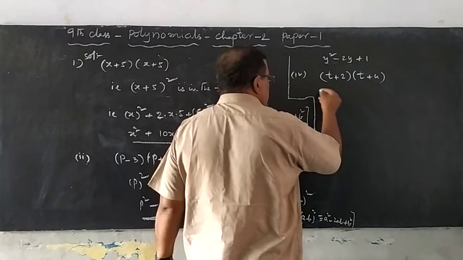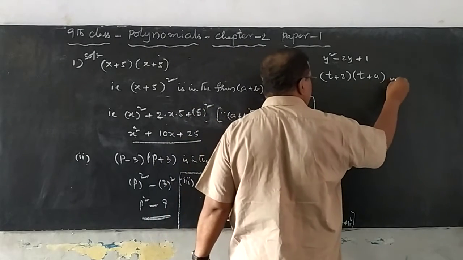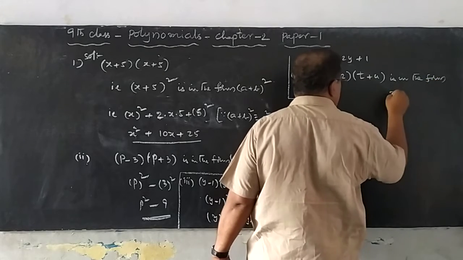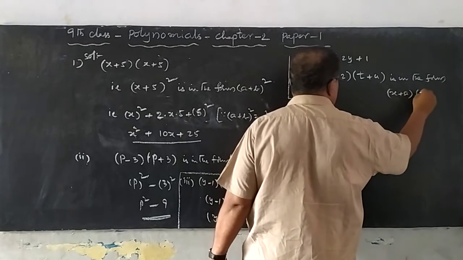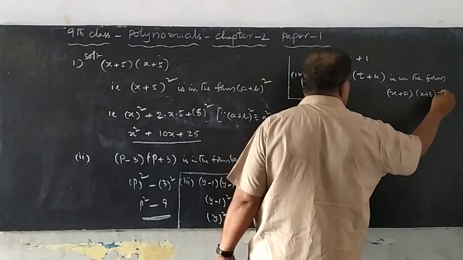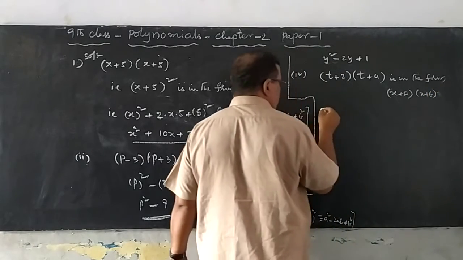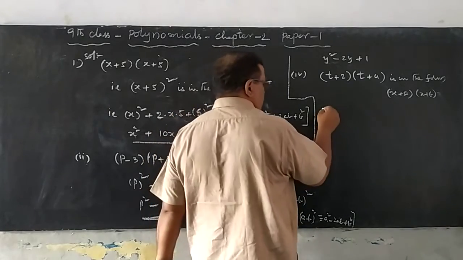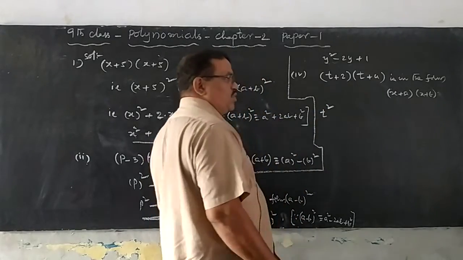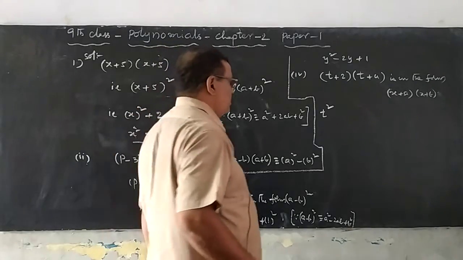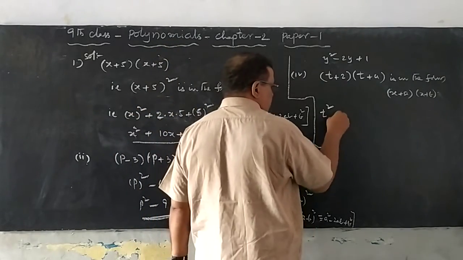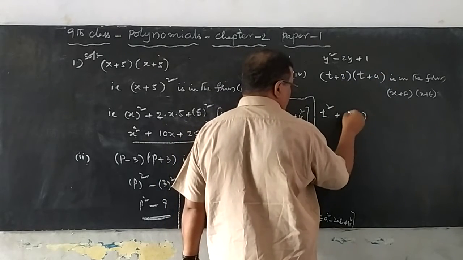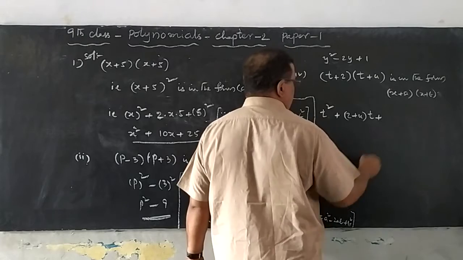So it is in the form x plus a into x plus b, identically equal to that form. Using that we have to write the formula, that is, x square plus a plus b into x plus ab. Here, t square plus, a plus b is 2 plus 4, into t, plus ab, 2 into 4.